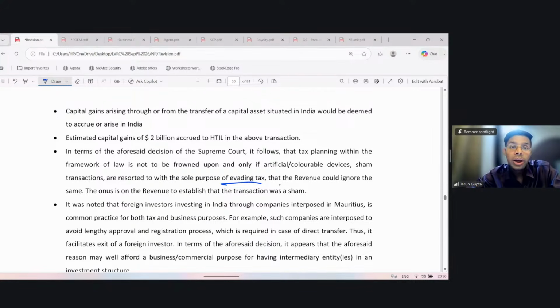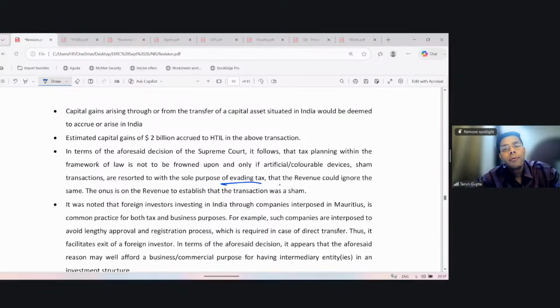The onus is on the revenue to establish that the transaction was a sham and not on the assessee. It was noted that foreign investors investing in India through companies interposed in Mauritius is a common practice for both tax and business purposes. For example, such companies are interposed to avoid lengthy approval and registration process.